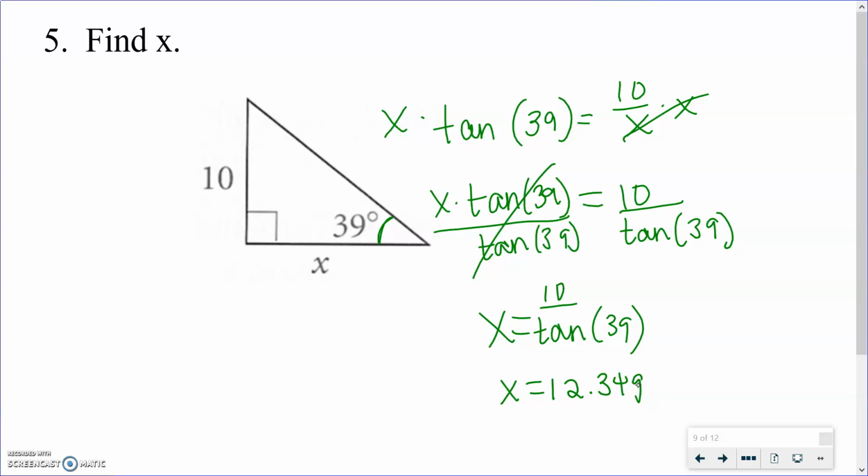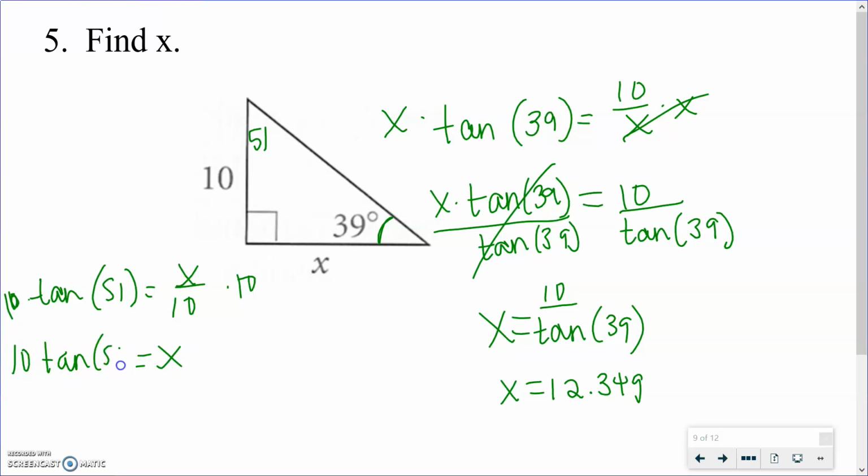The other option here is you could figure out that this is a 51-degree angle using what we know about triangles and do the tangent of 51 equals x over 10. And then we could just solve it like we have been with the other ones. Okay, so then we get that x is equal to 10 times the tangent of 51, which should also give us 12.349. Okay?